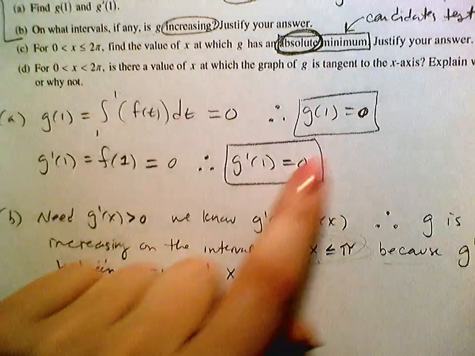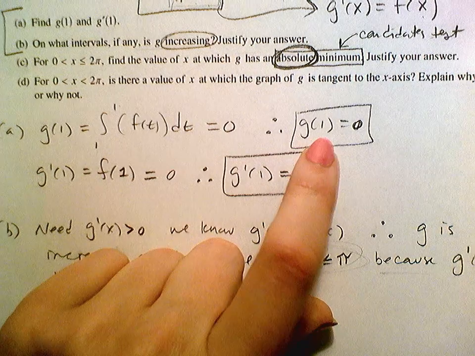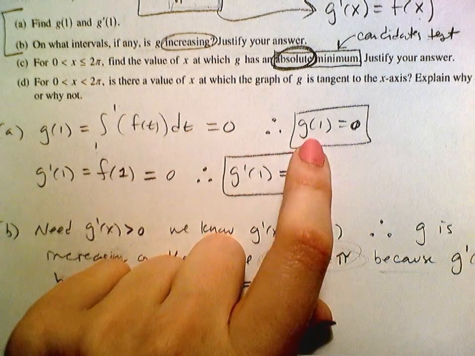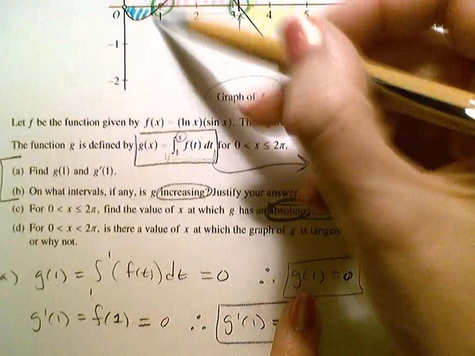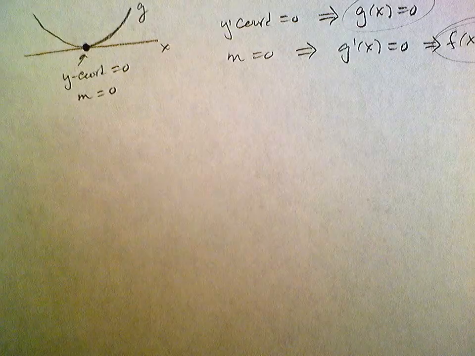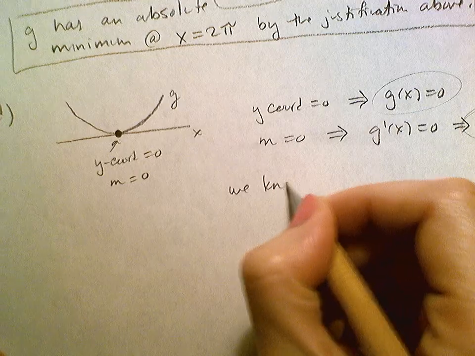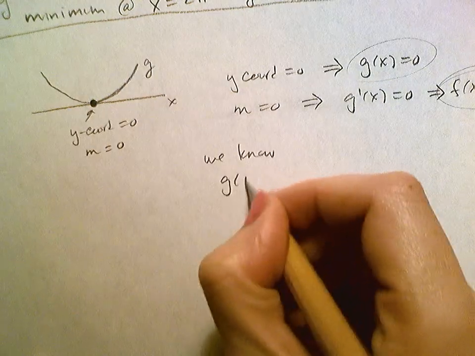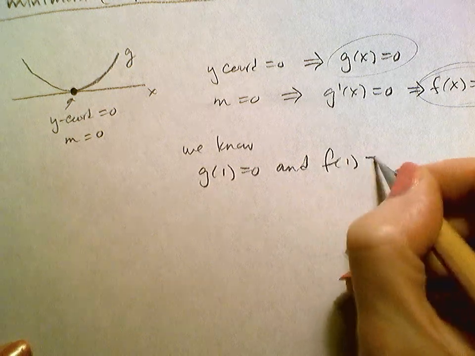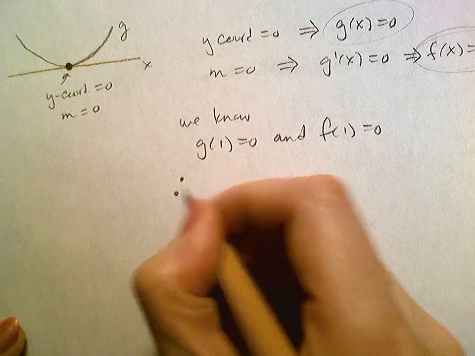And actually it goes back to this very first thing that they asked us, and they'll do this a lot, where it'll just come back to one of the very first things that they asked you. So g of 1 is 0, and f of 1 is 0, because this is the graph of f.